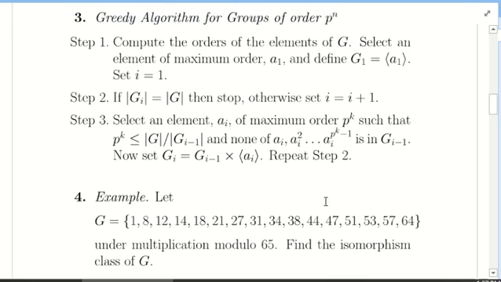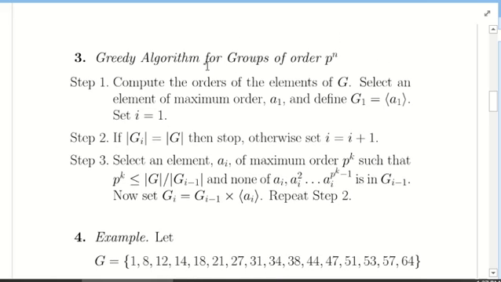And we could use a process of elimination to find the isomorphism class, or we could use something called the greedy algorithm. This is outlined in your textbook, but here it is in a nutshell, in pseudocode. Compute all the orders of the elements of the group. That's easier said than done.